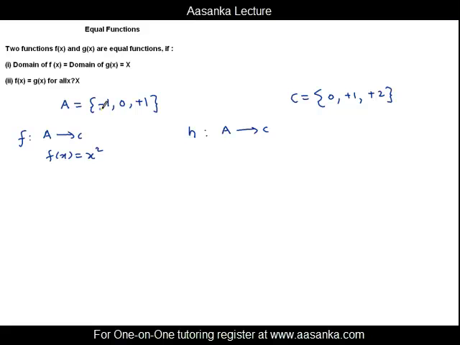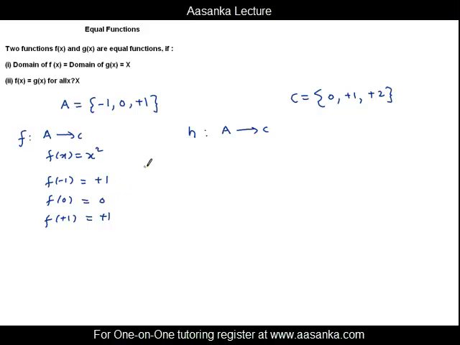Therefore, when you put value of -1, f of -1 will be equal to +1, f of 0 will be equal to 0, and f of +1 from set A is equal to plus 1.